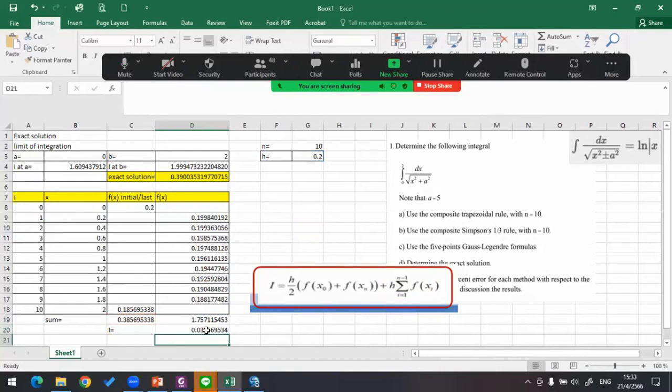Sorry, what is that? Okay, I think I multiplied this not correctly. Okay, it should be here.